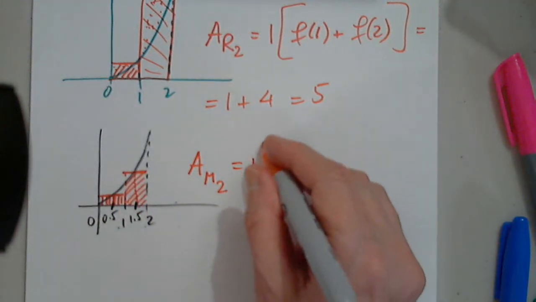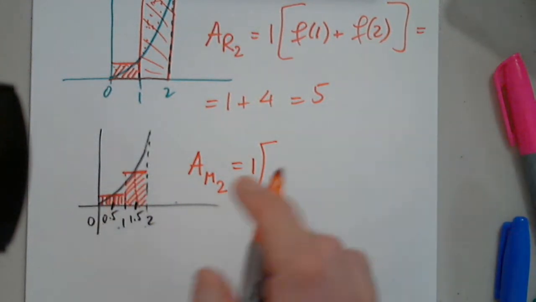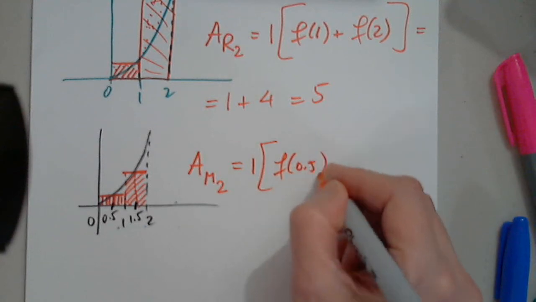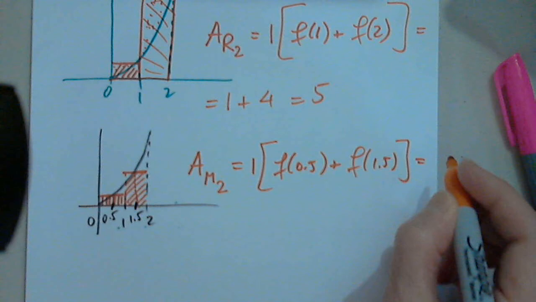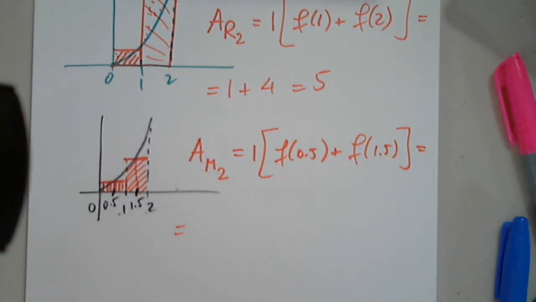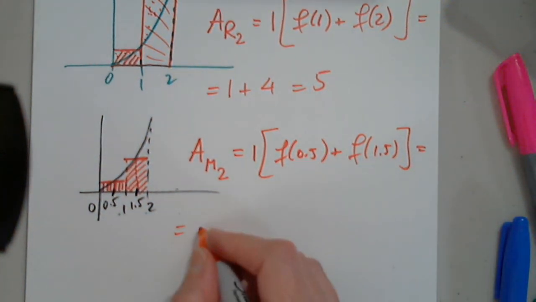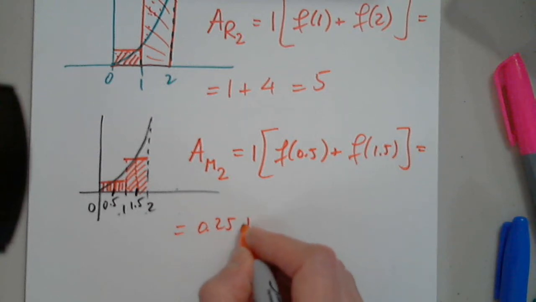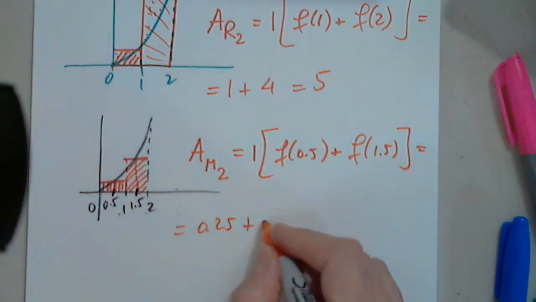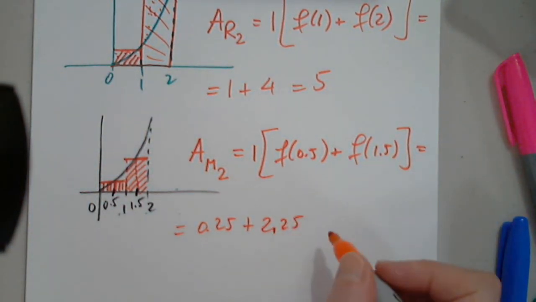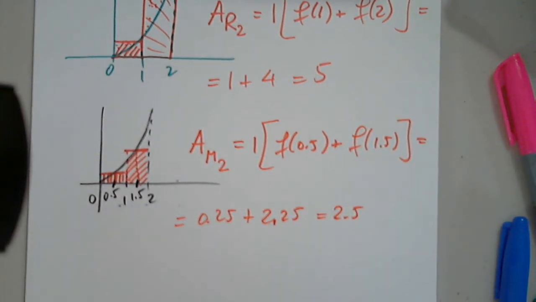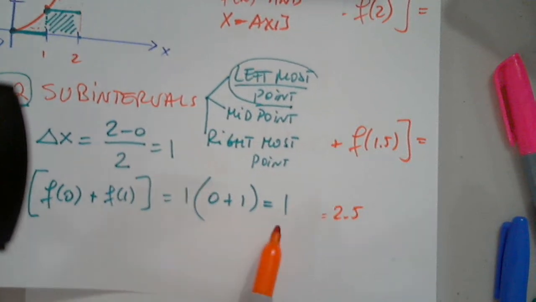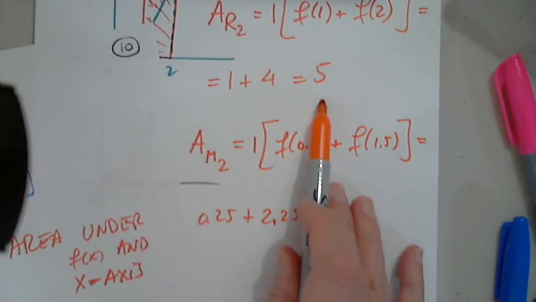I'm not going to even bother with that. It's 1. So f of 0.5 plus f of 1.5. So 0.5 squared is 0.25. 1.5 squared is 2.25. And this is 2.5. As expected, the midpoint is between 1 and 5.